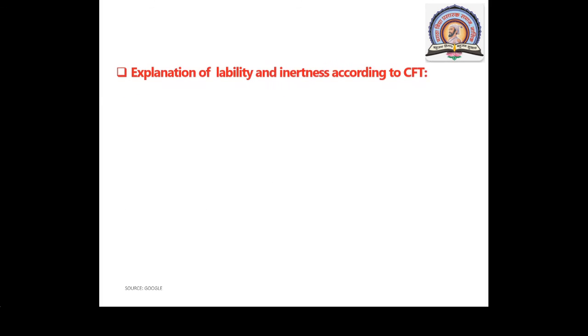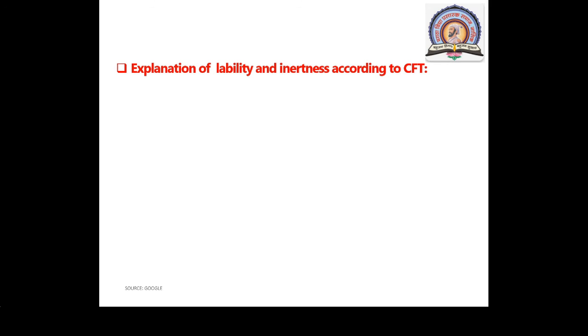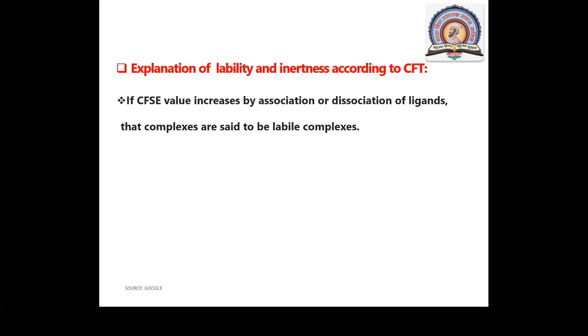Okay, student. So, explanation of lability and inertness according to CFT. This explanation is not much important, but see, if CFSE value increases by association or dissociation of ligands, those complexes are said to be labile complexes.